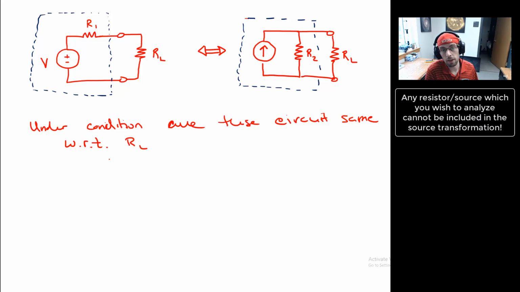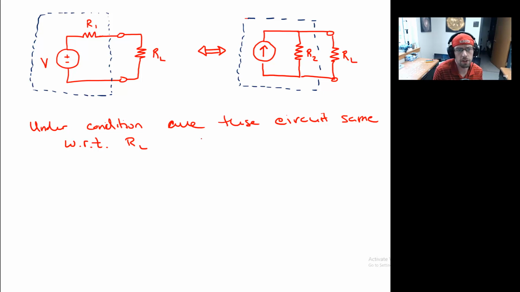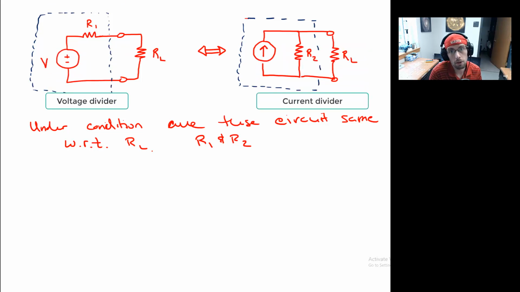For example, the power through resistors will change. But from the point of view of the load resistor, everything stays the same. In particular, we need to figure out the relationship between R1 and R2. What condition has to be applied to R1 and R2 in order to exchange a potential supply in series with R1 with a current supply in parallel with R2?